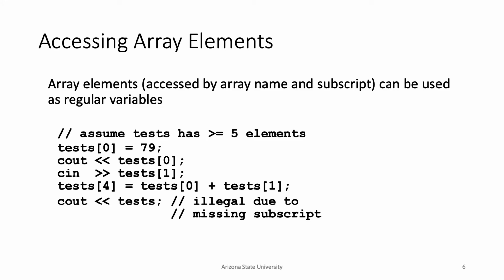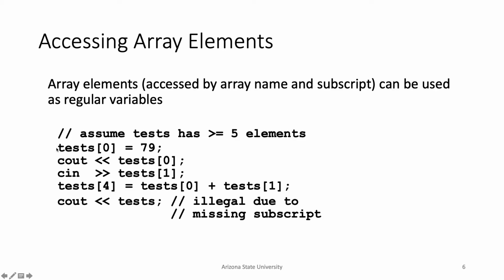So remember the 5-element array we had? What are the element indices, starting at what? 0, and it went up to and including 4. So if I put 0 here, that's accessing the 0th element of the array, which is the first position in the array.